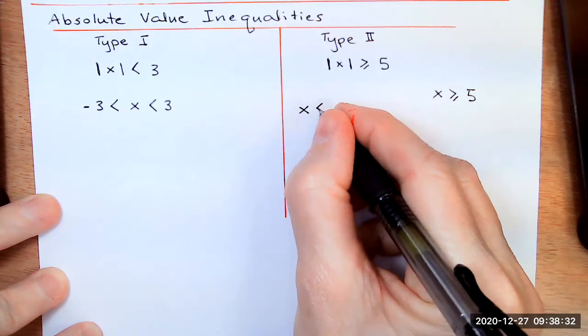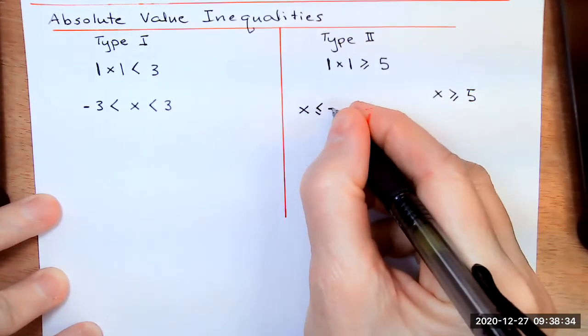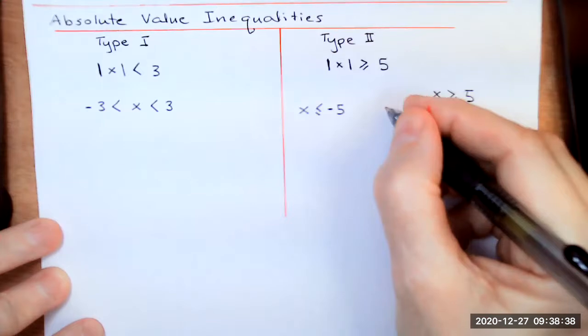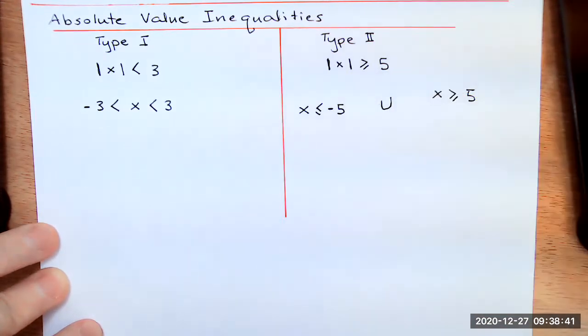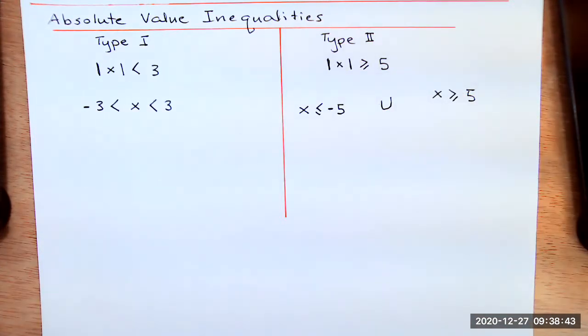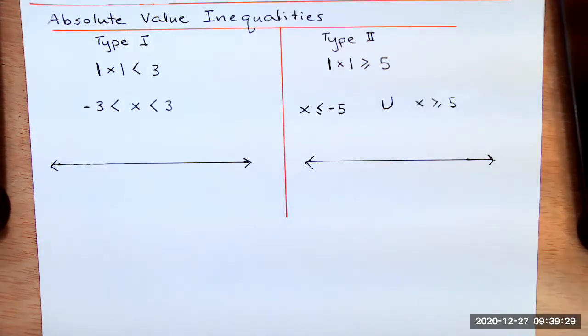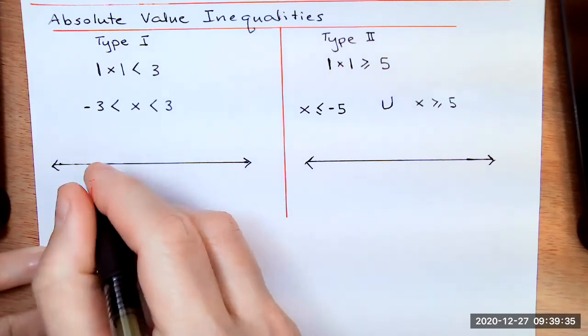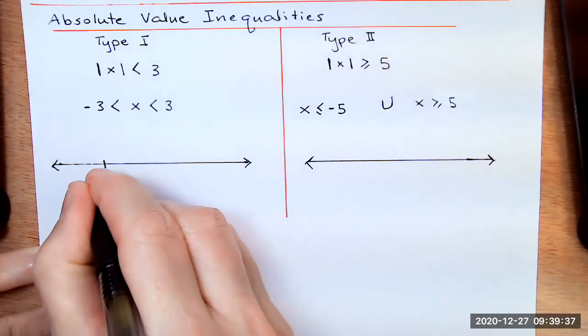So x is less than or equal to -5. We have to use the union symbol in between those. And then let's draw the graph. So just like before, you're going to graph your boundary values.